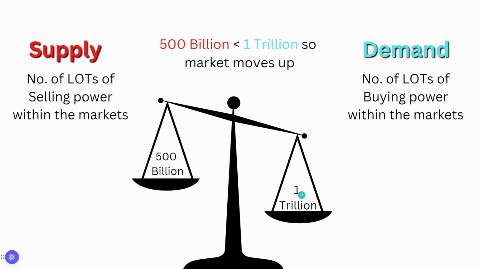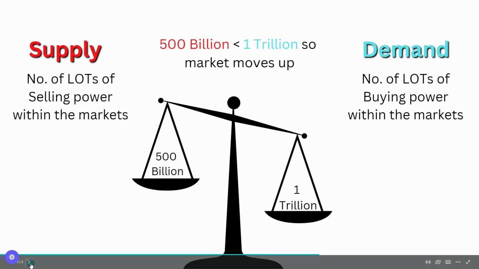So for example, looking at this right now, if they're looking at this and they're saying, right, well, we don't really like the way that this looks. We want supply to be in control. We no longer want the market to move up. Instead, we want it to move down. What they would do is they would actively try to remove lots of buying power whilst introducing lots of selling power, therefore making this side heavier than that side.